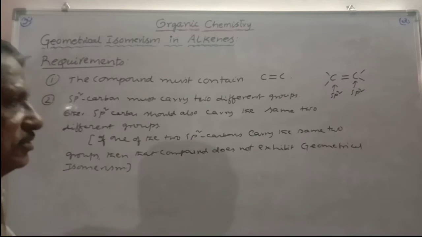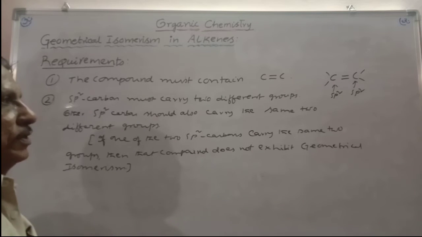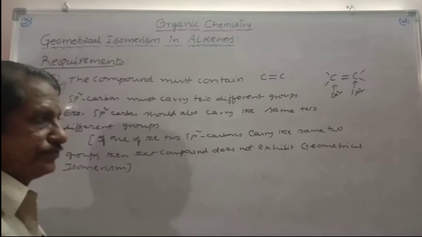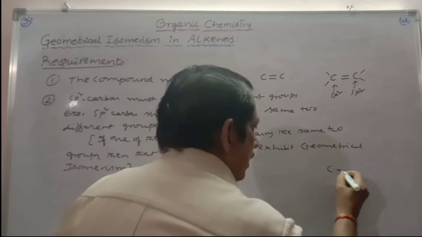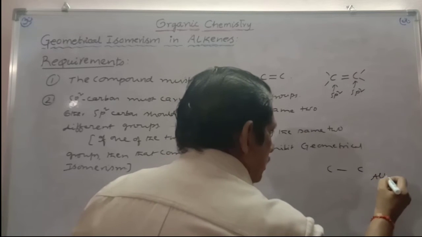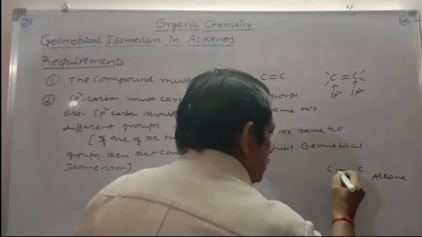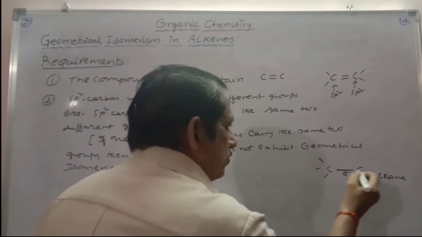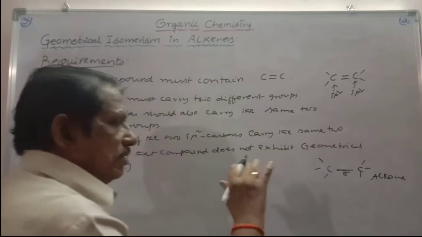Now let us know something about the presence of the pi bond along with the sigma bond. In the case of alkane, the sigma bond is present between two carbons, and there will be three other groups carried by both the carbons.